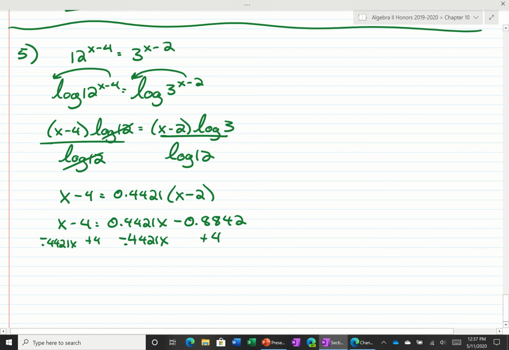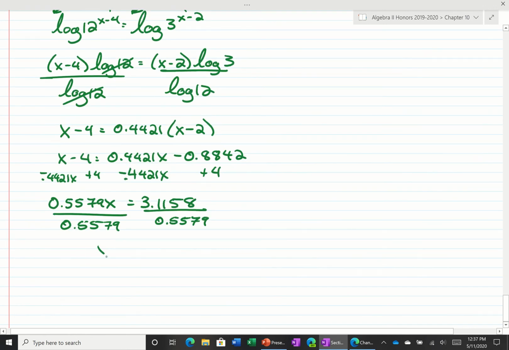So 1 minus that number is 0.5579x, and that's going to equal 3.1158. Divide both sides by the 0.5579. And we get that x would equal 5.5849.